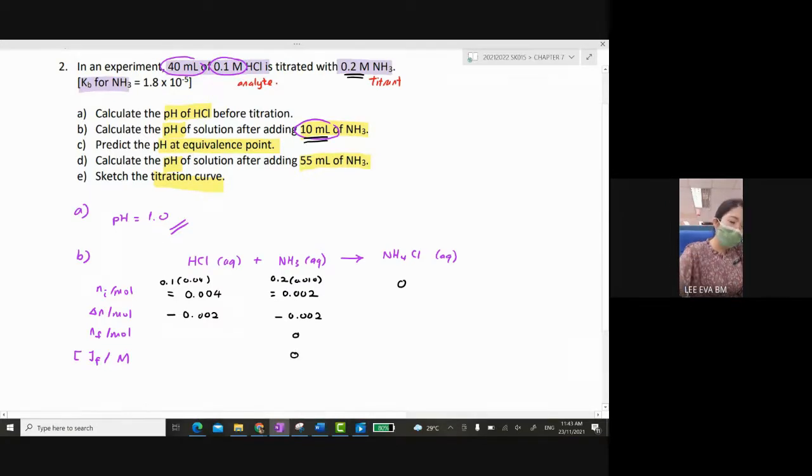So Madam adds for the salt over here, 0.002. And then the remaining HCl is 0.002. So now your solution contains HCl and the salt. So the pH value depends on which one?